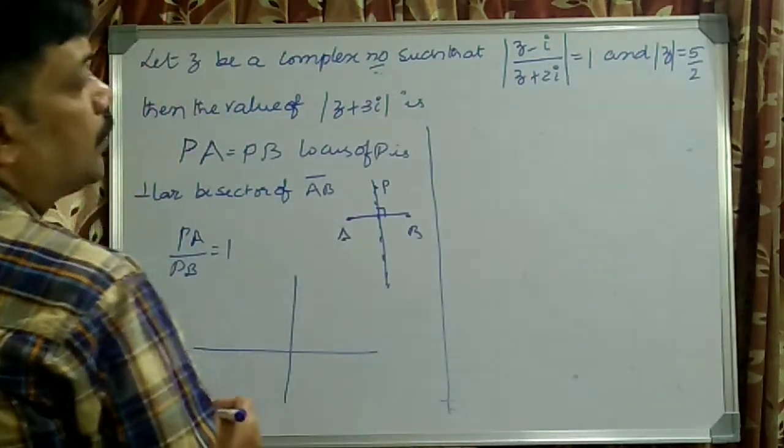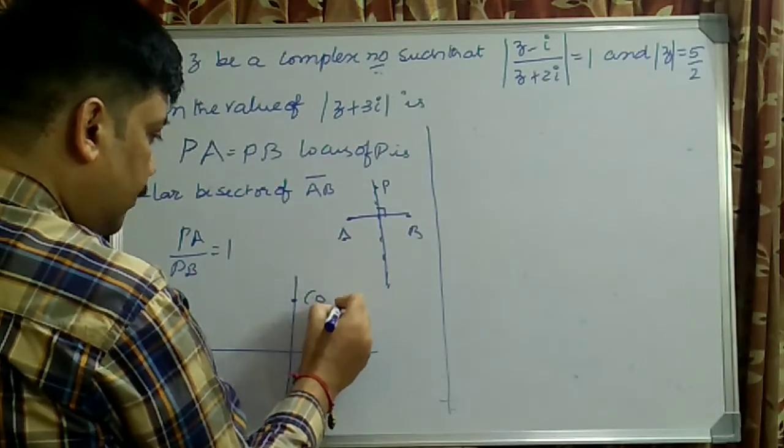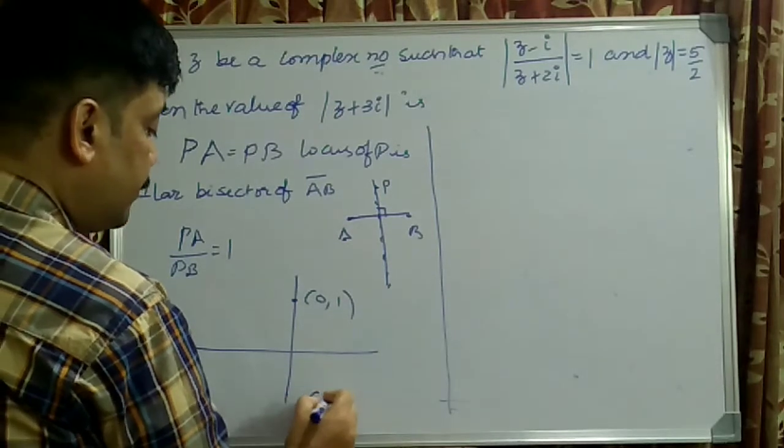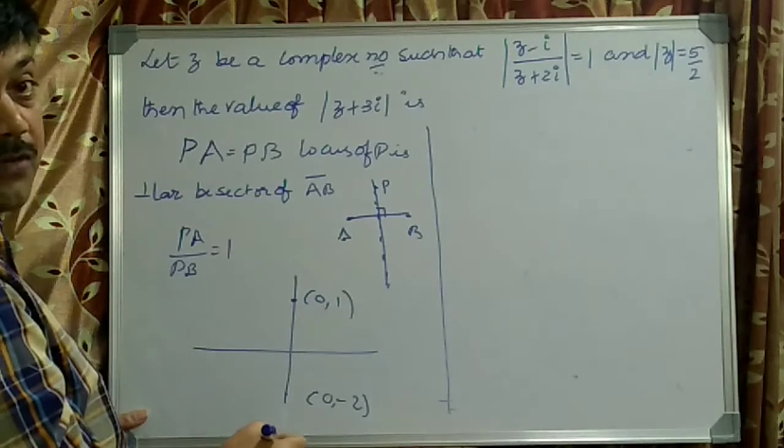So my friends, you can see once again I write the points like this. Please see, I have 2 points here. One is (0, 1). The other one is (0, -2). Now very clearly this line is on the y-axis.